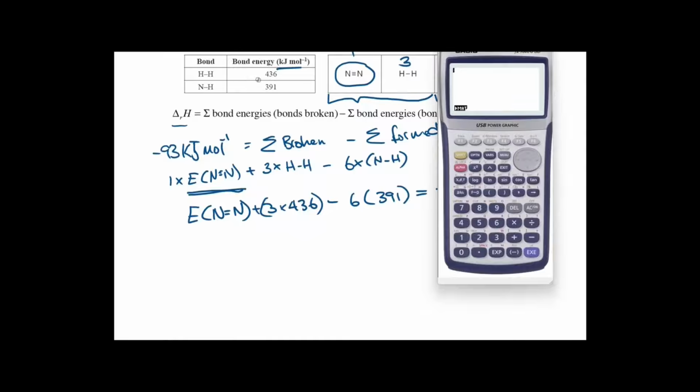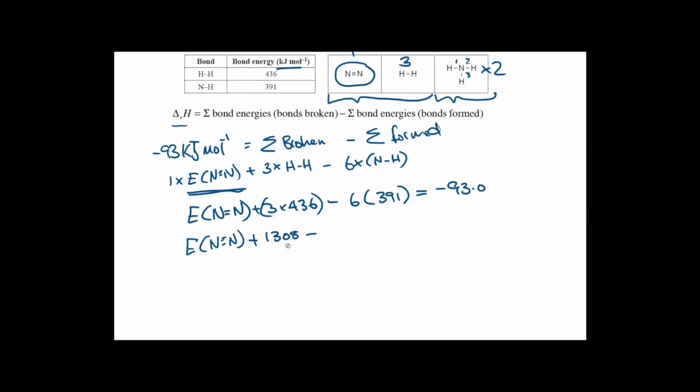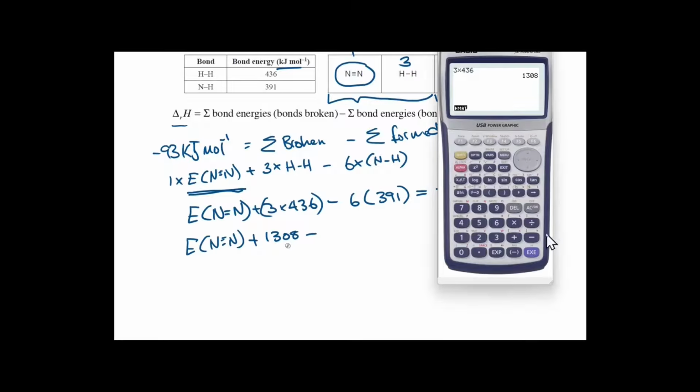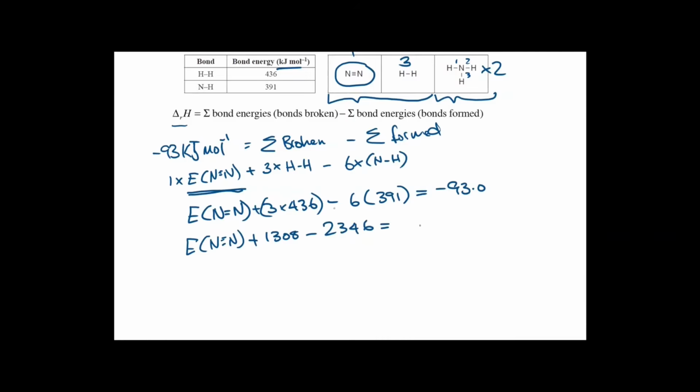So let's work them out individually. So 3 times 436 is 1308 minus 6 times 391, 2346, and that's going to be equal to negative 93. Yes, 93.0 if we really want to be specific.